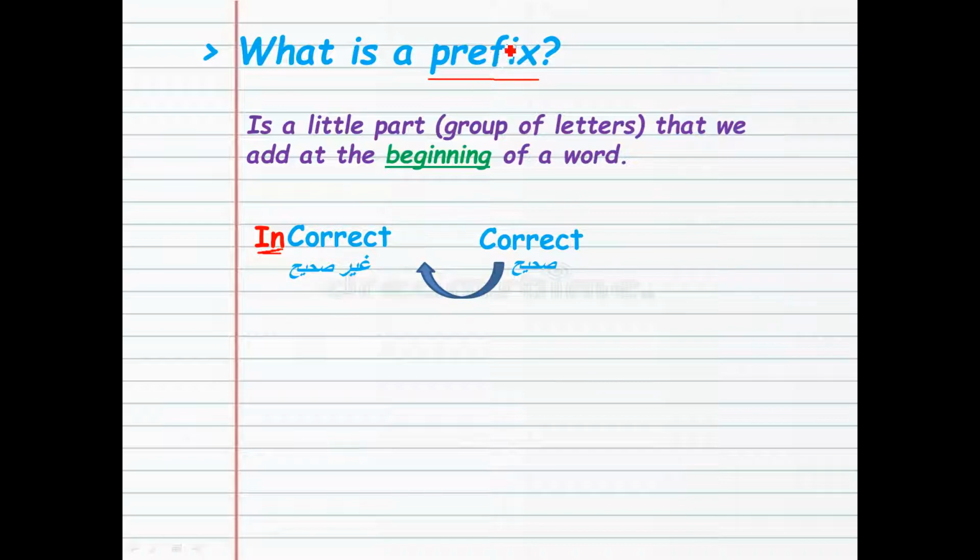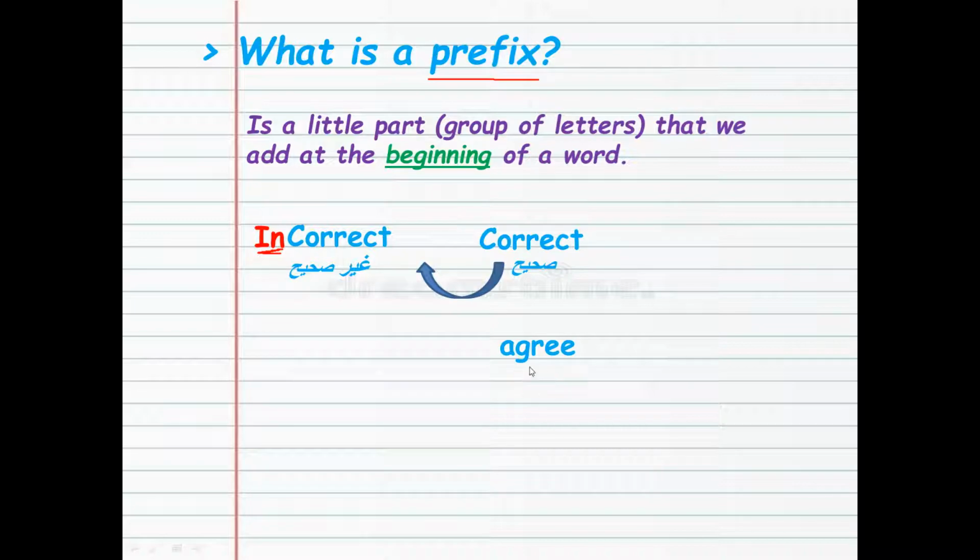A prefix is a group of letters that I add at the beginning of a word so I can change the meaning. تمام؟ إذا هو مقطع صغير يضاف في بداية الكلمة يعكس معنى الكلمة أو يعارضها. صحيح correct, incorrect غير صحيح. Another example, agree يوافق أو موافق.